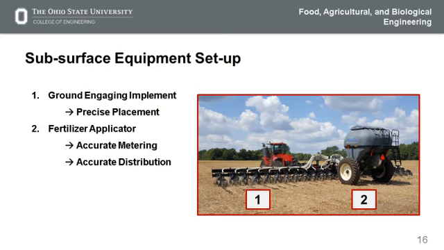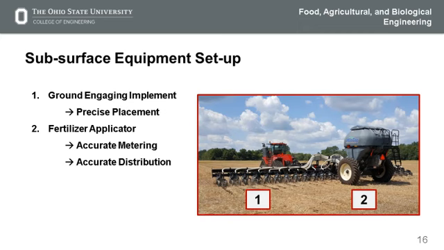So we've done a lot of categorization of these tools and really tried to define the functionality of different tools available on the market. A lot of these tools come down to two components, the first being the ground engaging implement, and the second being a fertilizer applicator. Primarily, the ground engaging implement really determines the final placement of those fertilizers in the seedbed environment, and influences how the seed will function with those fertilizers.